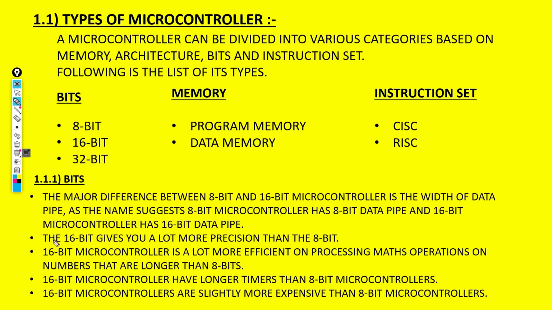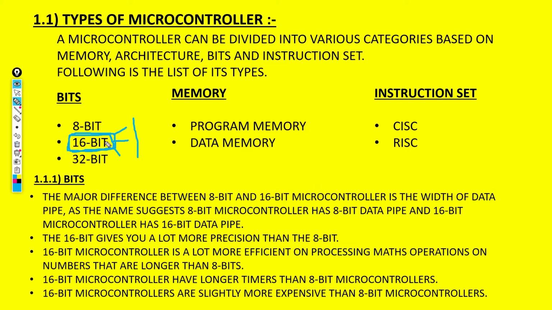The second point is that the 16-bit gives you a lot more precision than the 8-bit. A 16-bit microcontroller gives you a lot more precision in arithmetic, which means you will get your answers a lot more accurately when you're performing arithmetic, mathematical, or logical operations.